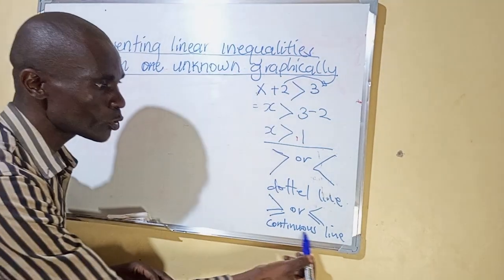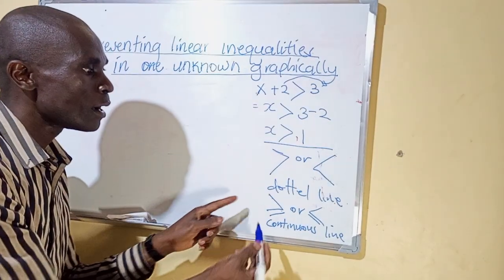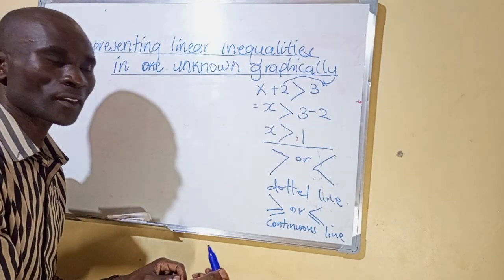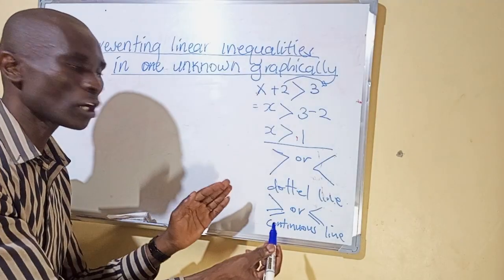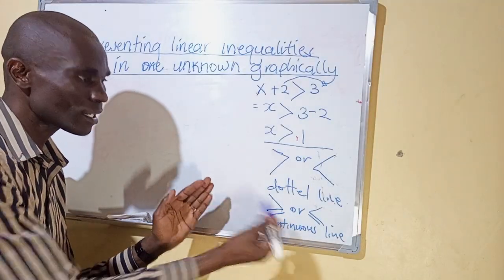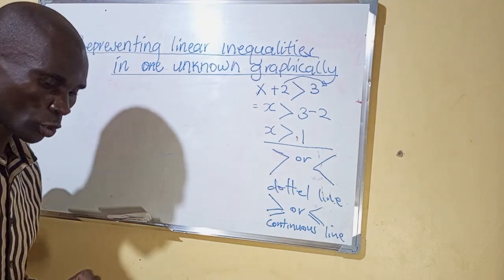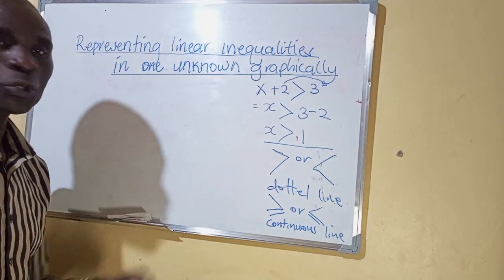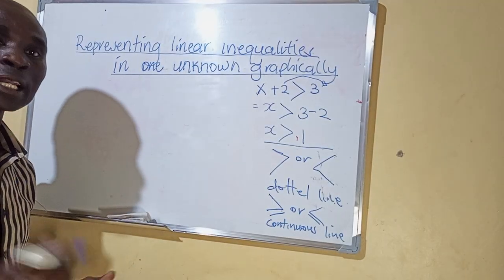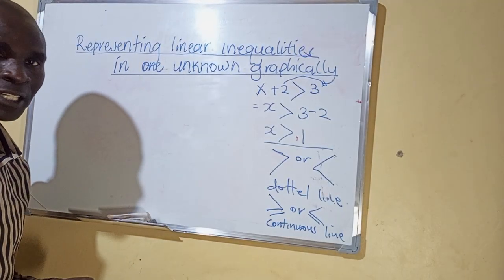Now, why are we using a continuous line? Because the number that we are comparing the unknown with is part of the solution of what we are representing on a number line, on a graph, that is.